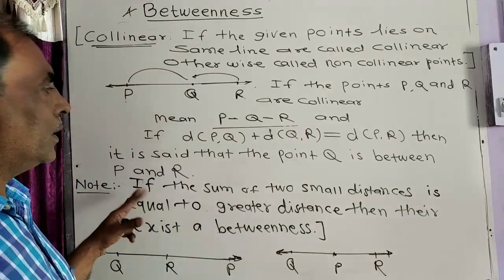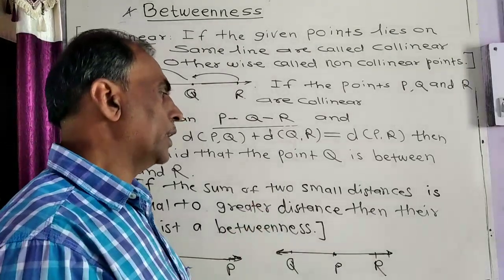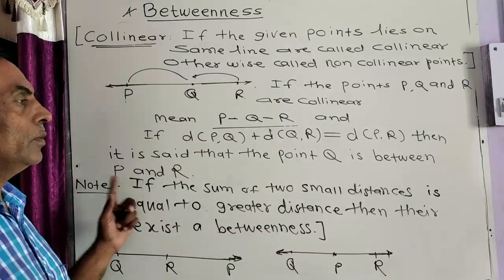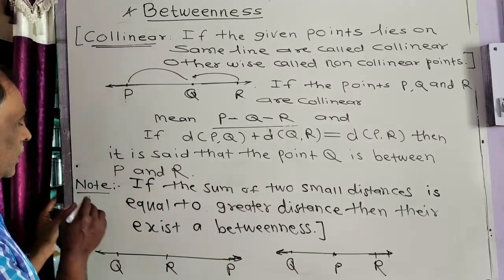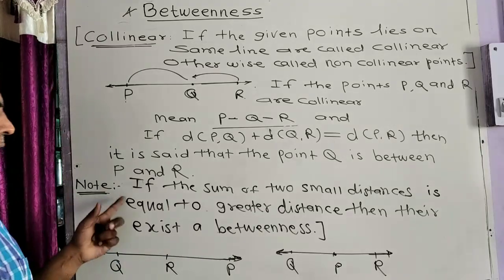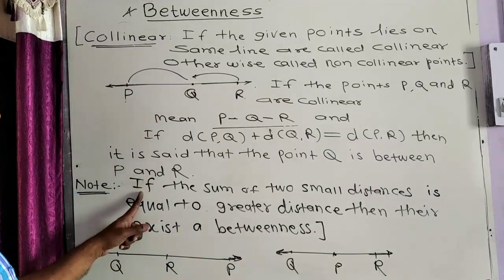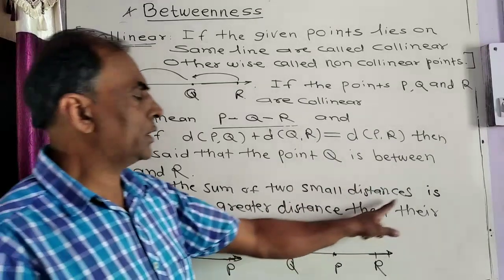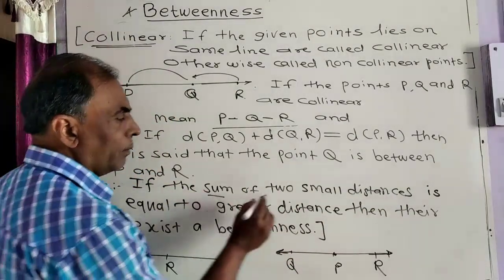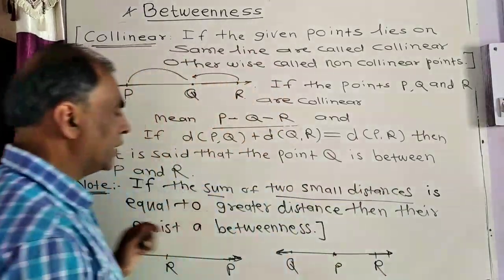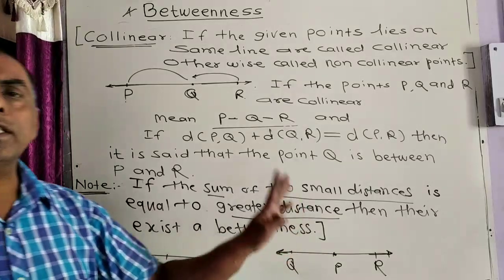In the practice set we have to write the betweenness, and there is one important thing: how to determine the betweenness between the given 3 points. For that we use this note or condition. If we are given 3 distances, and the sum of the 2 small distances is equal to the greater distance, then we say that there exists a betweenness.